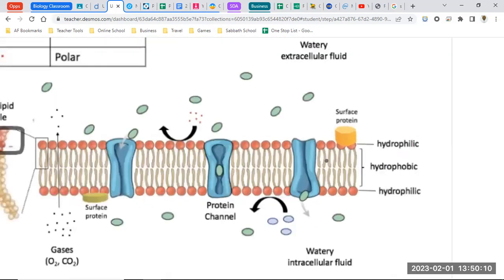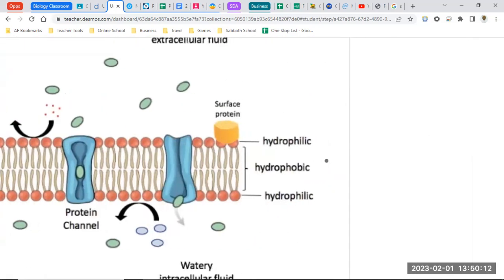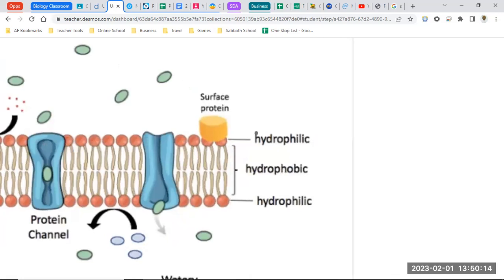Now, other pieces of information to know is that the head part is hydrophilic. Okay, you'll find out later on that hydrophilic means that, I need to draw myself a nice heart here. Love water.